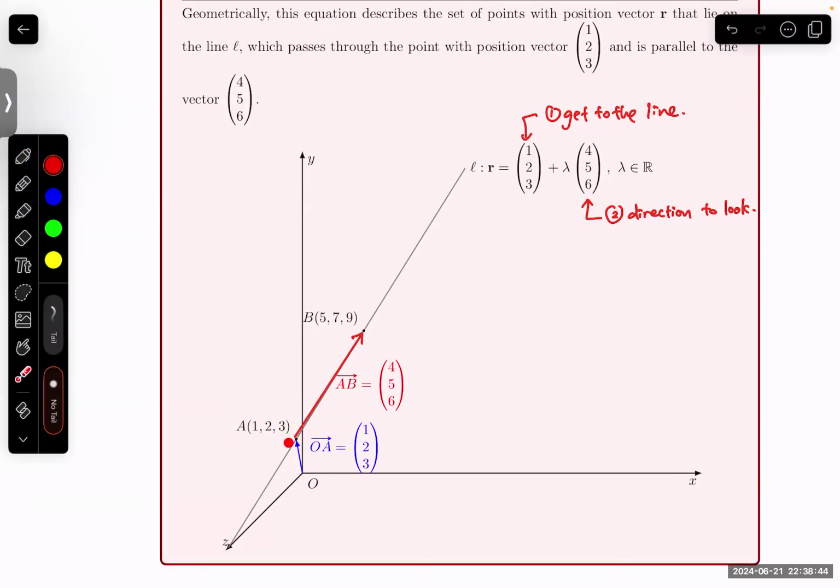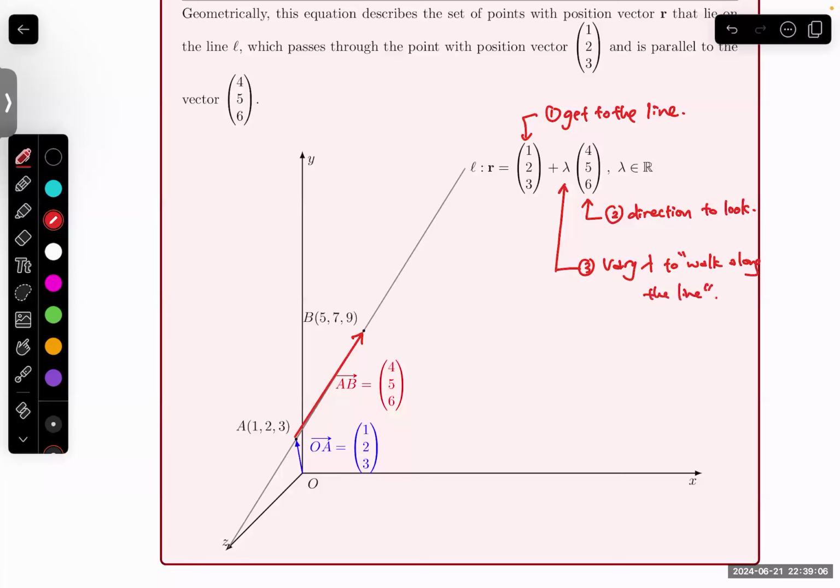Now how do I walk along the line? I walk along the line by varying lambda. Lambda is like the number of steps. I look in that direction, and if lambda is 1, I take 1 step in that direction.